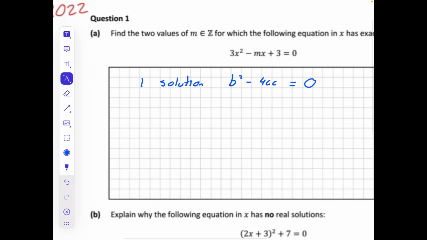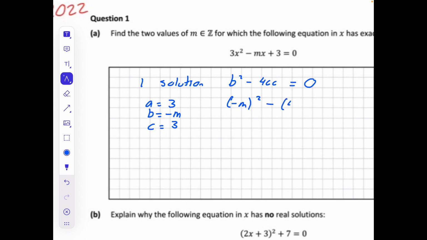One solution, we have b squared minus 4ac equal to 0. What can I fill into that? So I know a is equal to 3, the number in front of the x squared. b is equal to minus m, the number in front of the x. And c is equal to 3. Now I'm looking to find the value of m, or the two values of m.